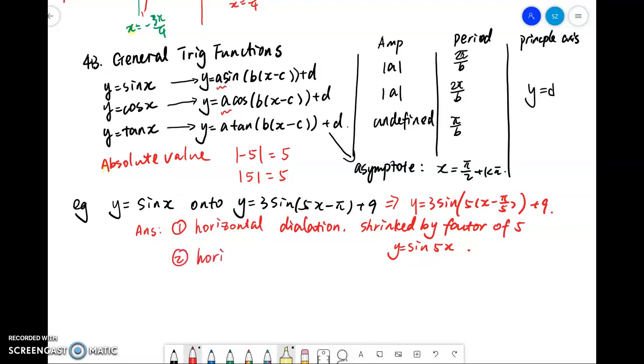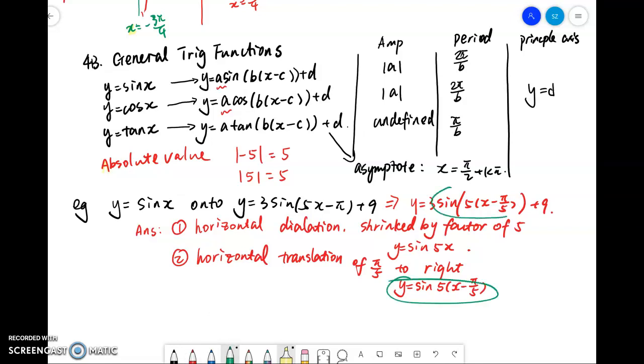Second, horizontal translation of pi on 5 to the right. And that becomes y equals sine 5x take pi on 5. As you can see, these will match with our core here, okay?